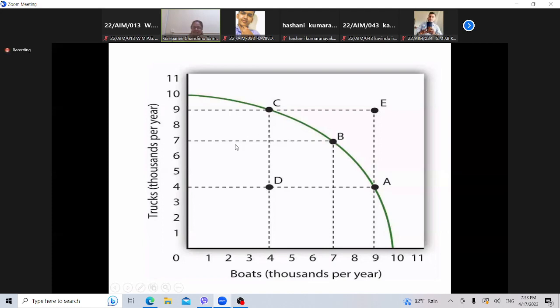Then inside the curve, the points are not efficient because they didn't use maximum resources or maximum factors of production to produce trucks and boats. Now got it?